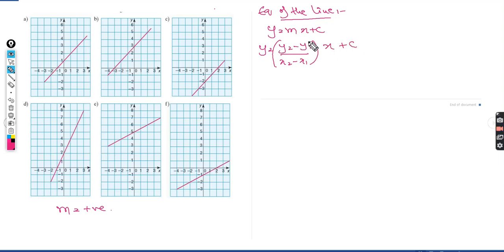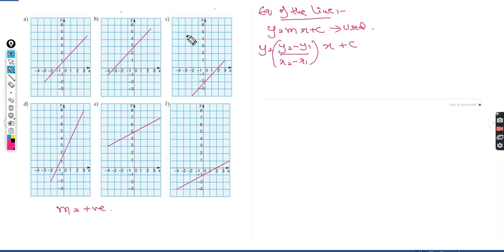Why am I telling you this formula as well? Because m, the gradient, has this formula, y2 minus y1 over x2 minus x1. In a lot of books, m's formula is written when two points are given to you, but mostly this formula is the one which will be used most commonly, right?